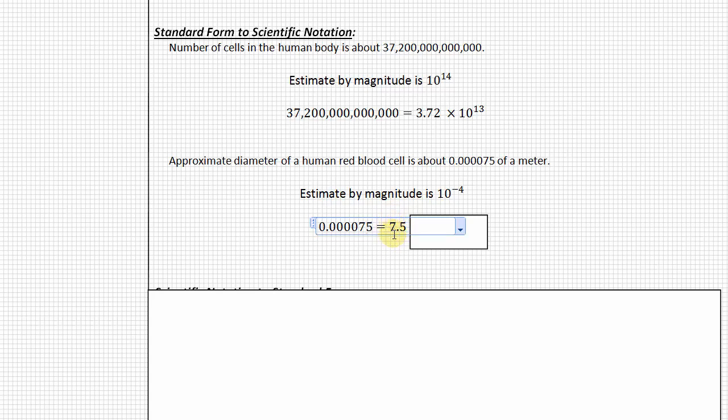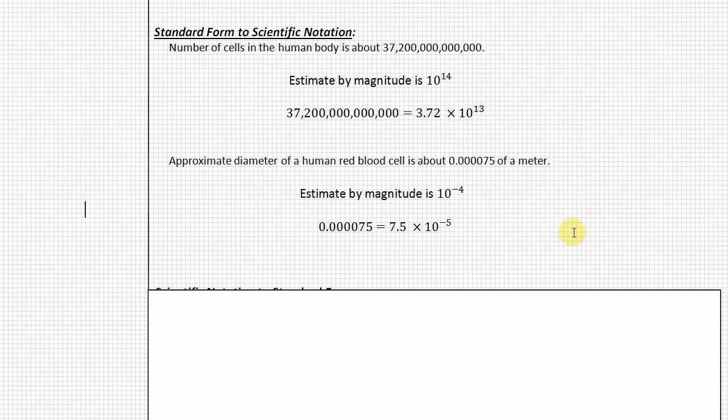It has that digit in the ones place. And then we multiply it by a power of 10, which is 1 less than its magnitude. And 1 less than 10 to the negative 4th would be 10 to the negative 5th. So 0.75 millionths, written in scientific notation, would be 7.5 times 10 to the negative 5th.